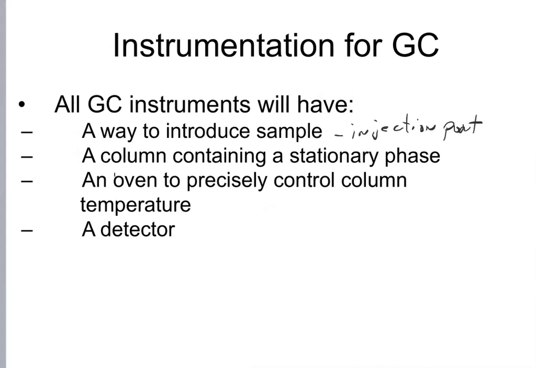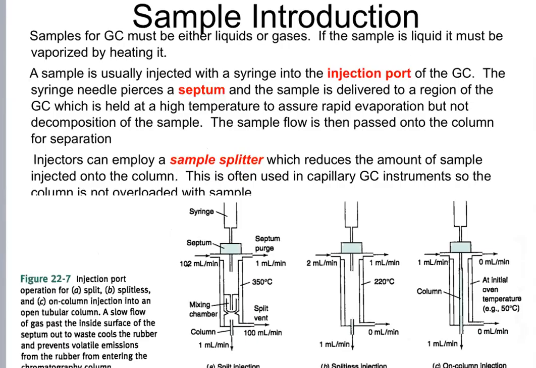All GC instruments are going to have a column which contains our stationary phase. That's that tube with the stationary phase. Some are packed, some are open tube. We'll get to that. We're going to need an oven to maintain precise temperature control and some way to detect or analyze the components once they elute through the column. Now, individual GCs are all a little bit different, but they all have those parts.